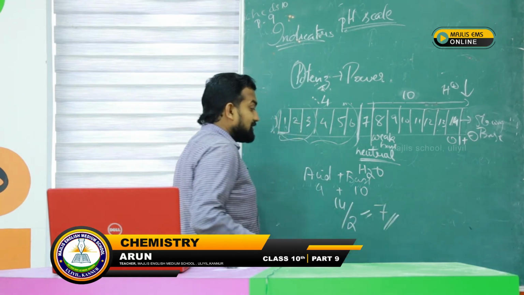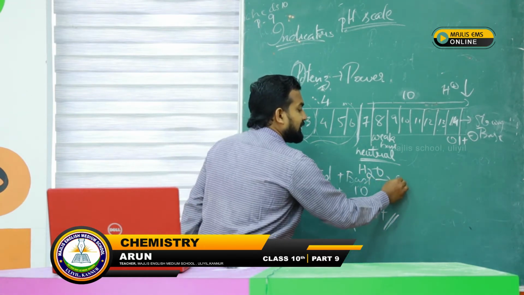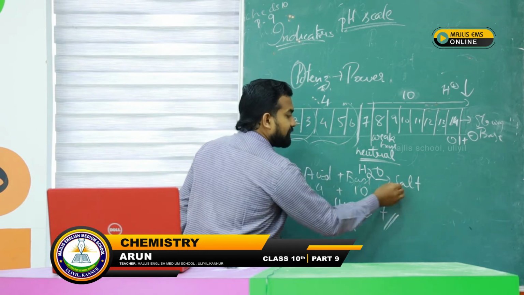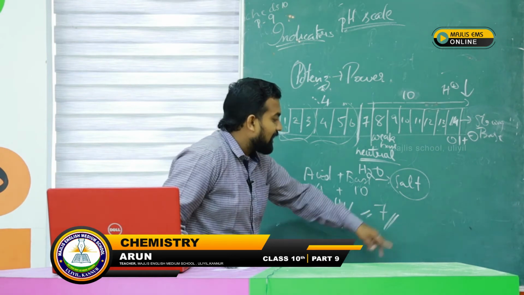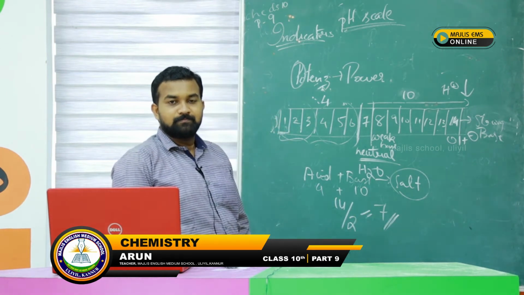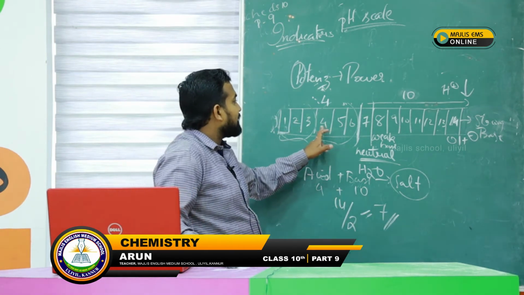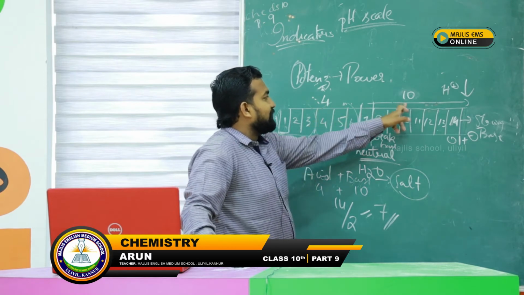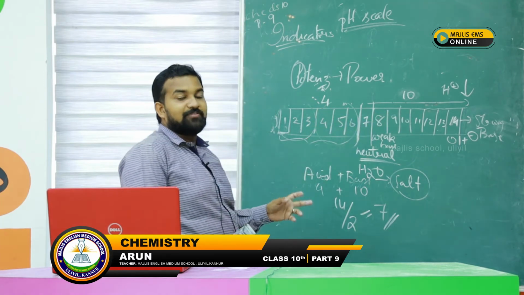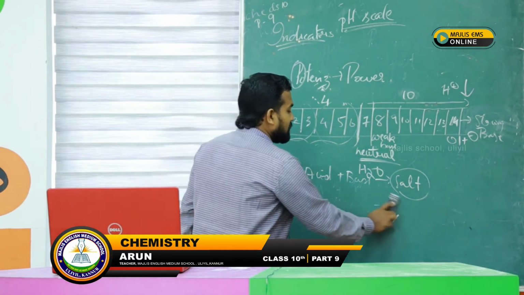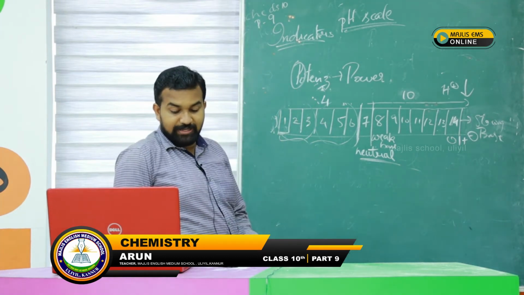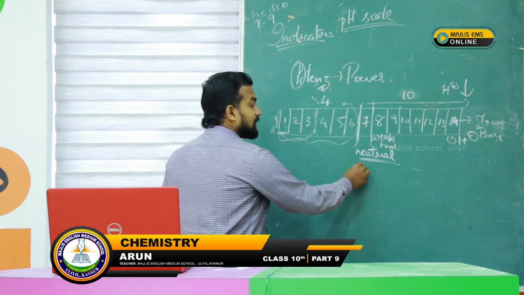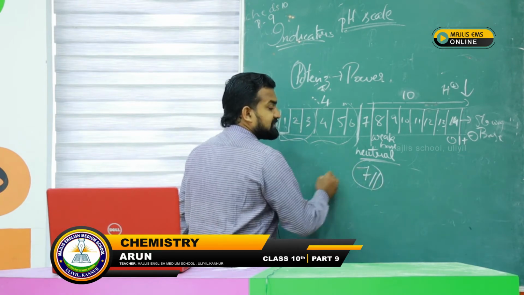It is 7. That means the thing which we get, which is combined together, is a single substance, salt. That salt will have the value 7, isn't it? That means we have taken a weak acid and a weak base. So when we took a weak acid and a weak base, we got salt. That salt is neutral, which is having 7 itself.